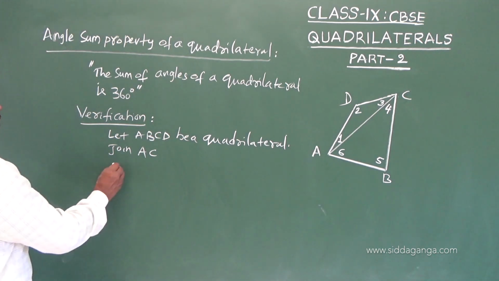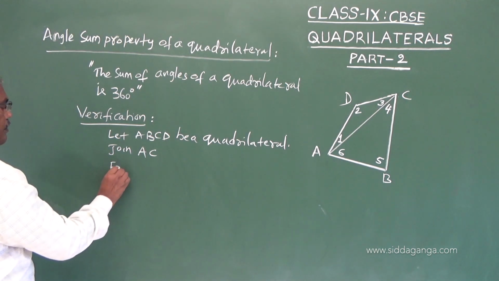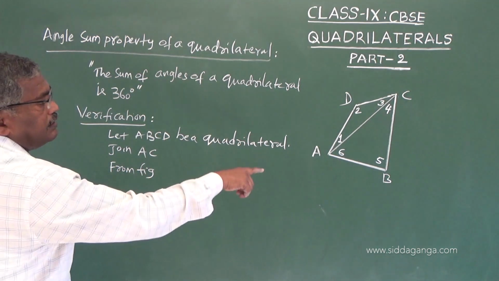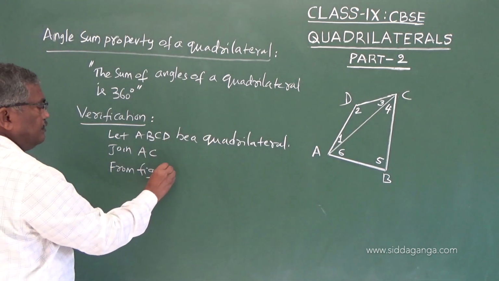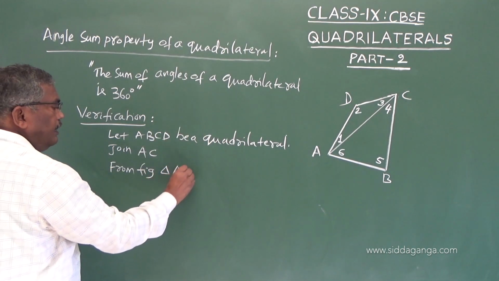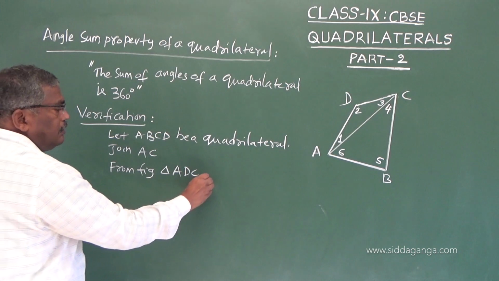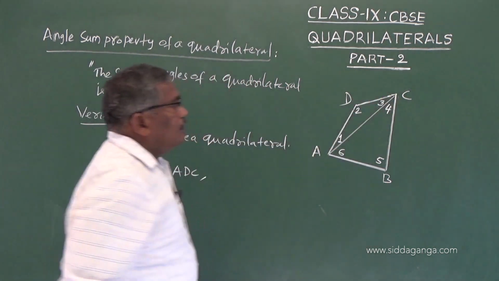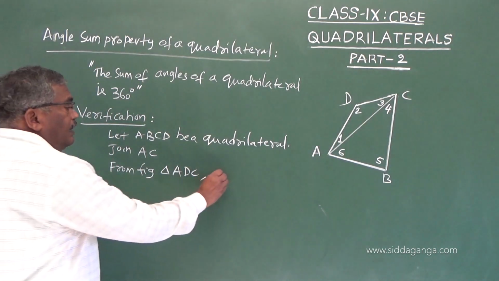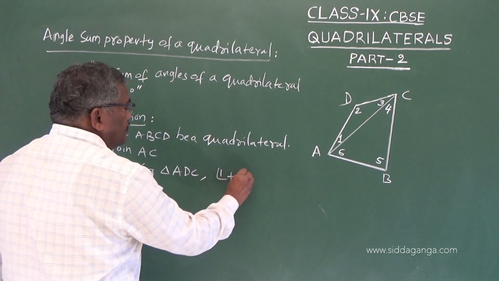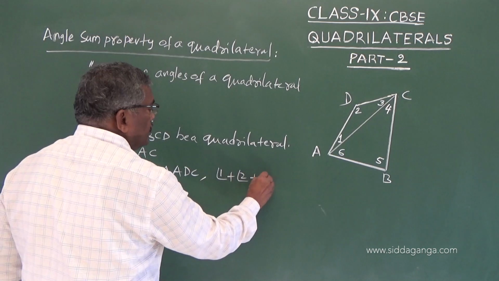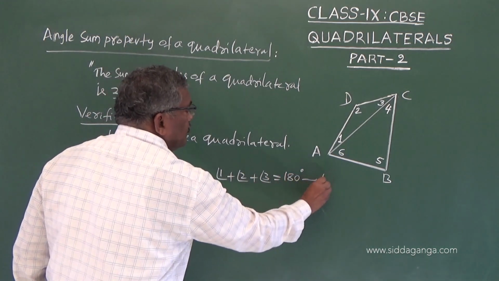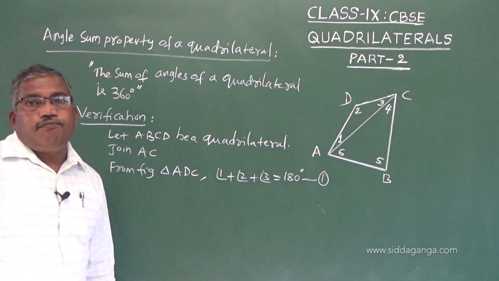Now, from the figure, in triangle ADC, observe here, ADC, we can have angle 1 plus 2 plus 3 equals 180 degrees. We call this equation 1.